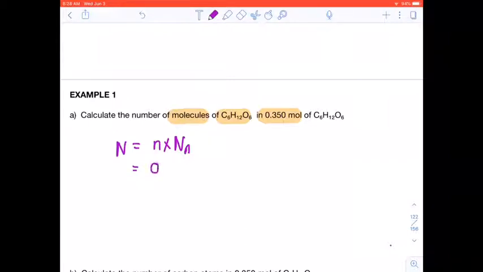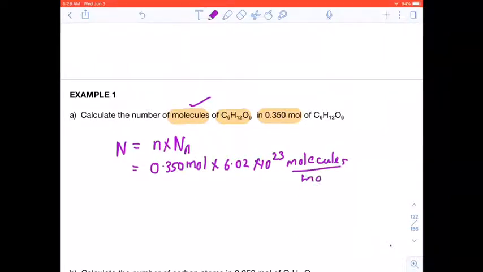We have 0.350 mole times 6.02 times 10 to the 23. Since we're dealing with molecules, it's going to be molecules per mole, which then means mole cancels out. We end up with molecules.